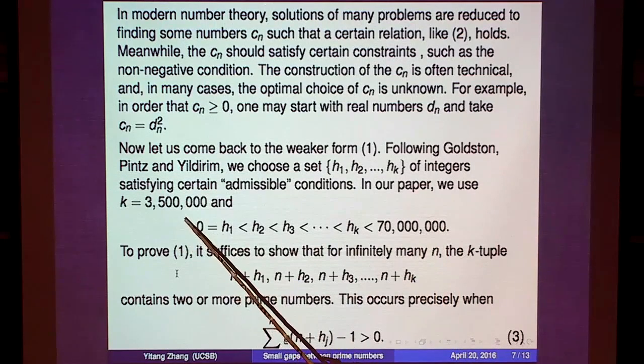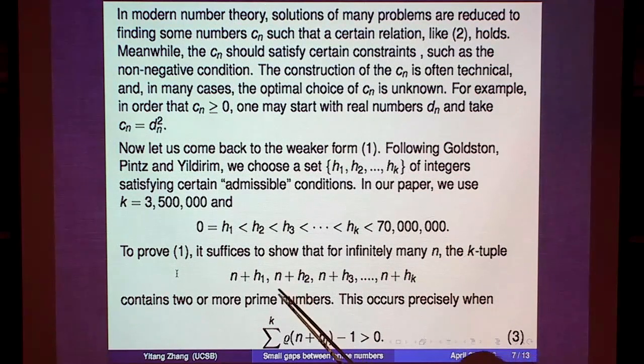I choose k equal to 3.5 million, starting with h1 equal to 0, and the h's are increasing, with the maximum less than 70 million.